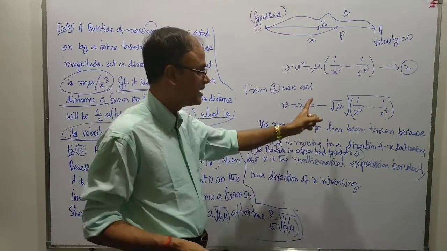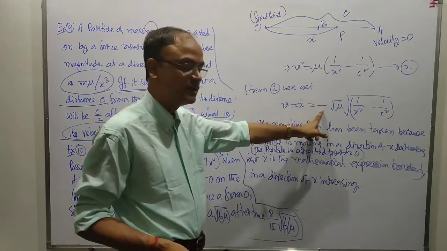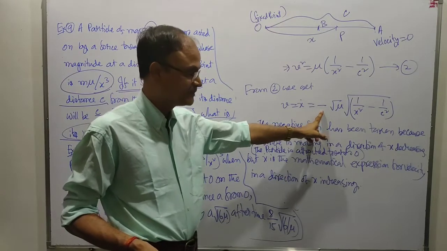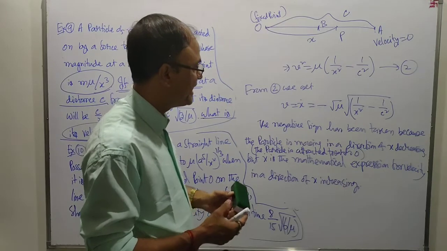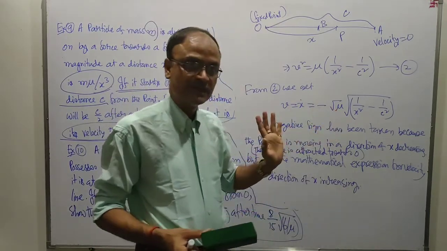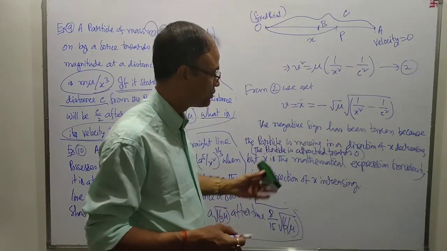Clear? In this case, we will write the negative sign. Perhaps there is no doubt about it. X dot is equal to minus of this one.